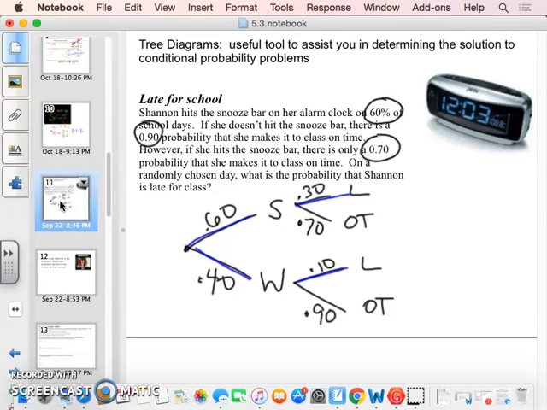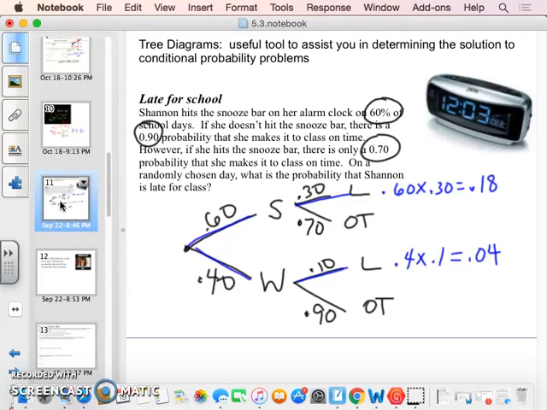And so the probability here, 0.6 times 0.3 equals 0.18. So 18% of the time, she's late and she hits the snooze button. And here, if she wakes up, she's only late 10% of the time. So this is 0.4 times 0.1, which equals 0.04. So that's 4% of the time.